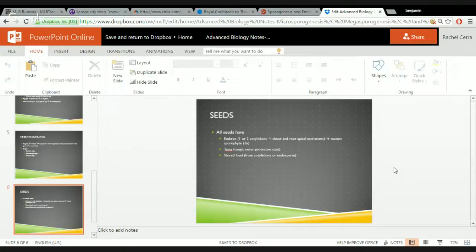This one is also a dicot. If it only had one cotyledon, it would be a monocot. So that's essentially embryogenesis for you. I know it's kind of crazy with all the doodles.